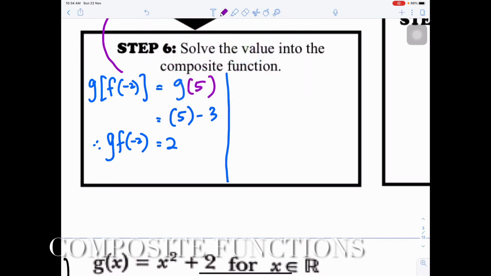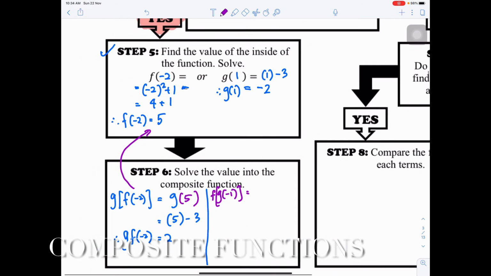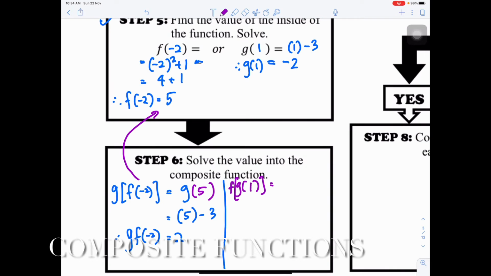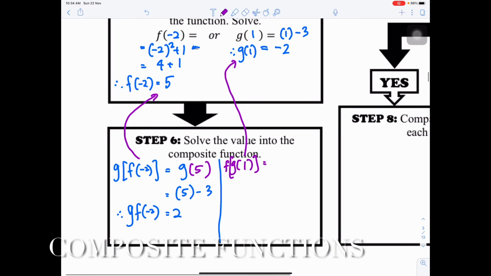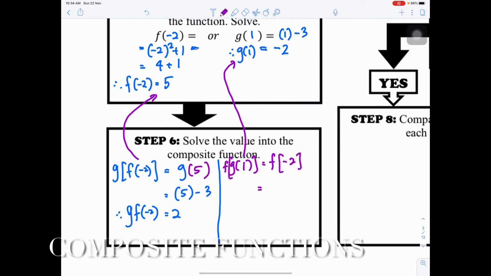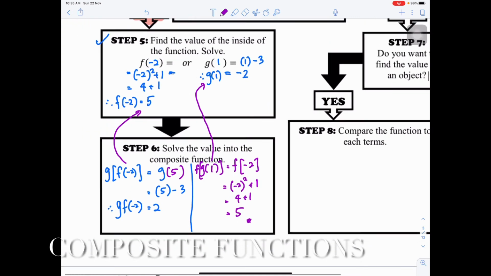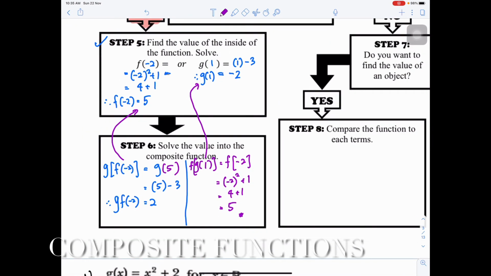And then the second one, f(g(1)), referring to g(1) equals negative 2. Therefore f(g(1)) equals f(-2), and then substitute: negative 2 to the power of 2 plus 1 equals 4 plus 1 equals 5. So this is how you find the value of the composite function.